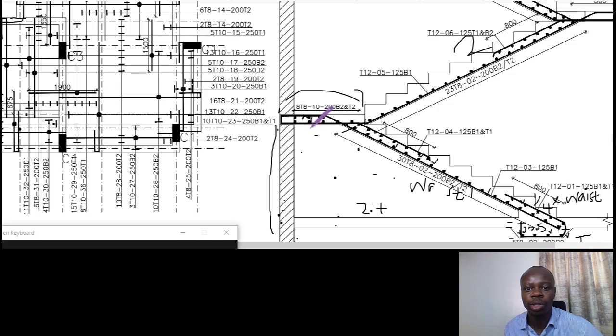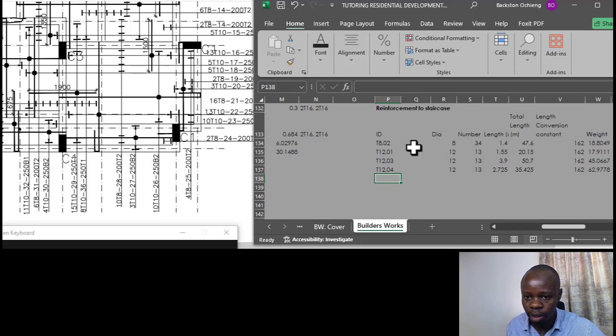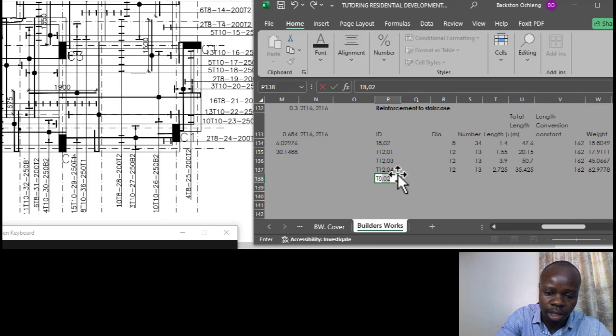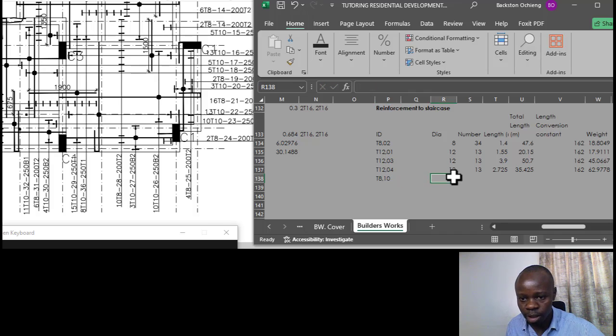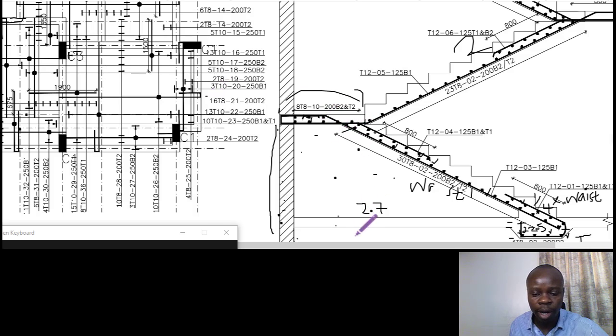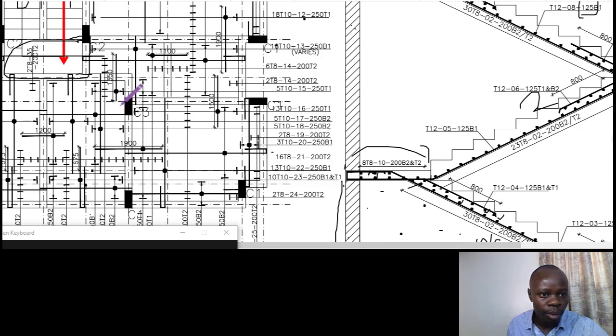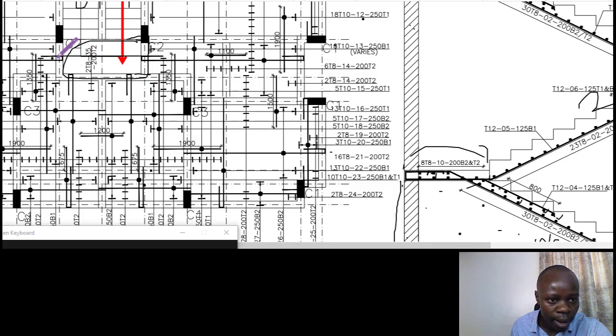So let's get back to our detail and see what we have. Our detail is saying there are 8 number, and they are T8. So this is T8 bar mark number 10. So the diameter is 8. How many of them are there? We've seen the length, but now for the number, we are supposed to find it, because this is the bar on the longer side.